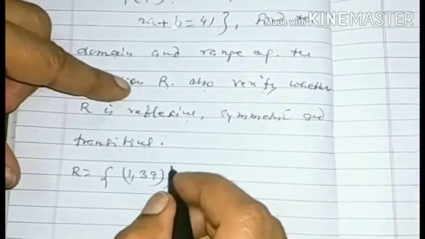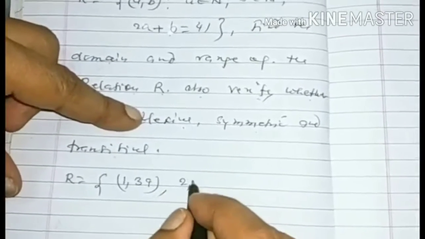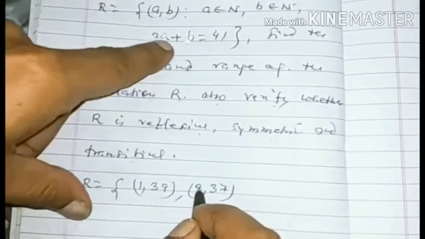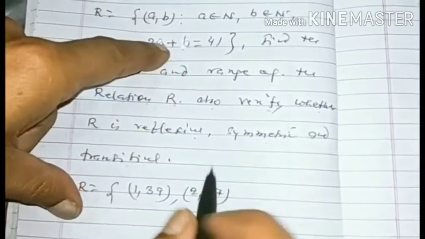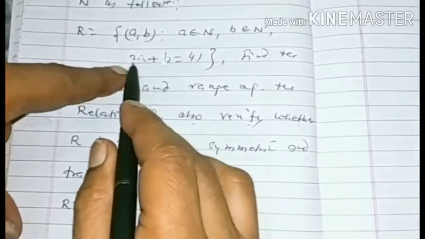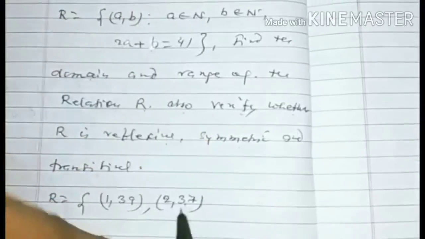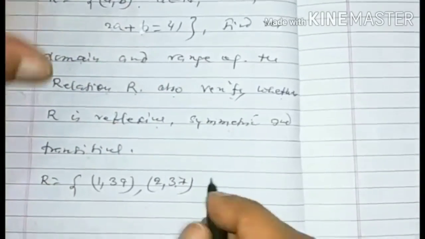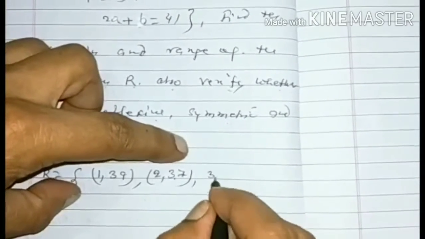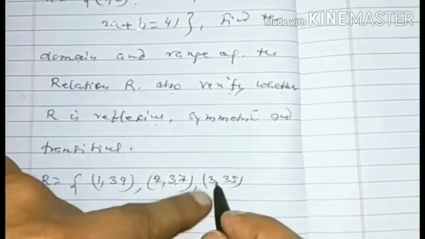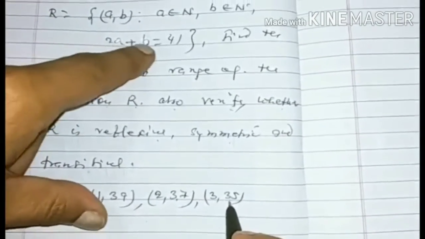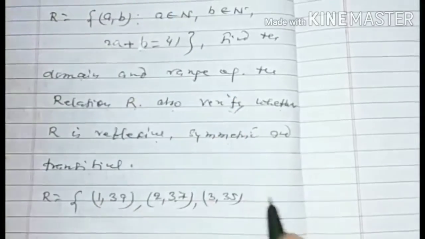The next ordered pair will be (2, 37). If we put A equal to 2, 2 times 2 is 4, and putting B equal to 37, we get 37 plus 4 is equal to 41. This is also satisfied. Further, the next ordered pair will be (3, 35), since 3 times 2 is 6, plus 35 is 41.